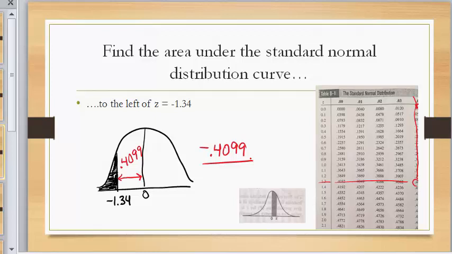All right, subtracted off from what? I don't have another number to look up in the curve, and so the only thing I can use is the entire left-hand side. So I'm going to take the entire left-hand side of the curve, which we know is 0.5.